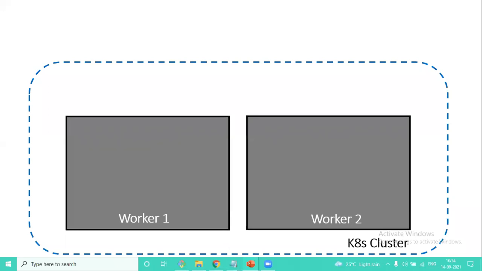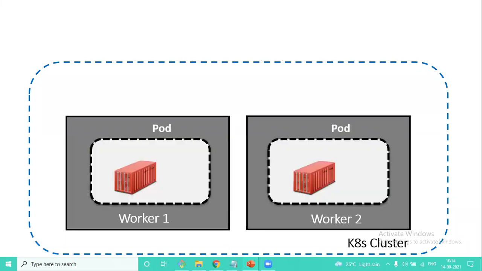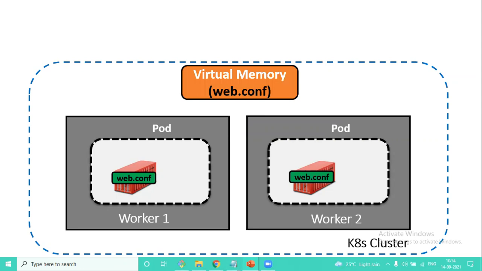If you know that your pod needs some certificates or configuration file, you can create the file, which is a configuration file or a certificate, as a virtual memory file in the cluster. So instead of storing it physically in a file, we can create it at the cluster level.